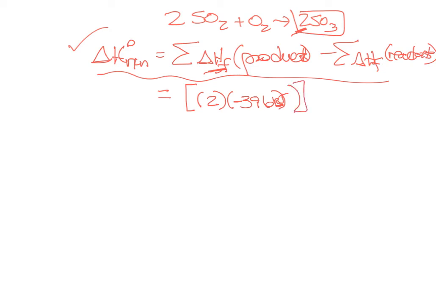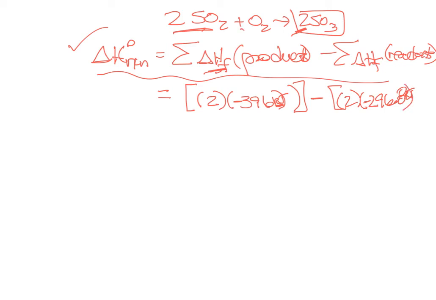Now, minus the sum of heat of formation of the reactants. We have 2 reactants. The enthalpy of formation for SO2 is minus 296.8 kilojoules again.